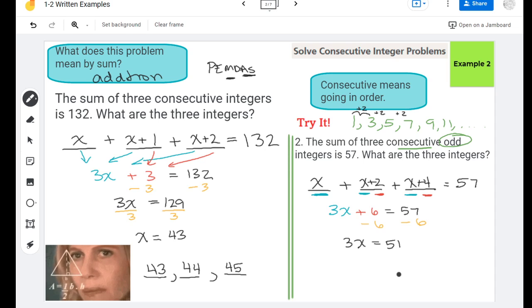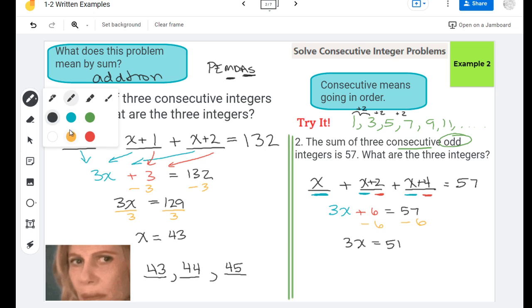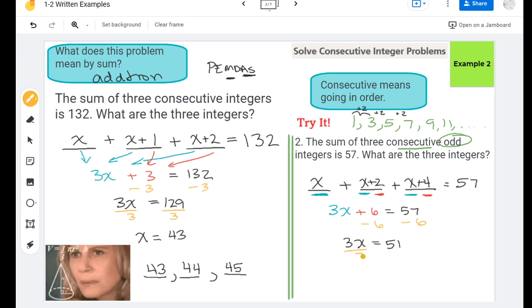So now I am left with 3 times x sitting here. And so to undo that multiplication, my inverse operation is division. So I divide both sides of the equal sign by 3. And remember, if you do it to one side of the equal sign, you have to do it to the other. So notice that these operations are coming in pairs.